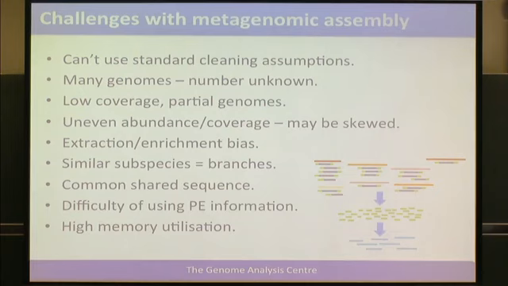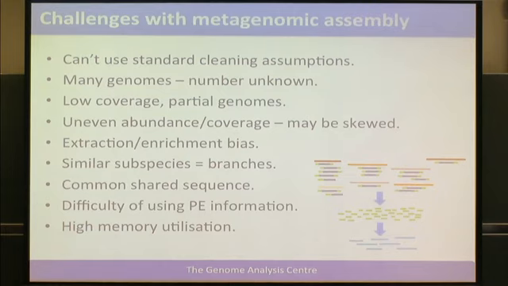because we've got organisms present at uneven abundance, some very low abundance, some much higher. There can be partial genomes represented in the reads. There are all kinds of biases, enrichment and extraction biases in particular.